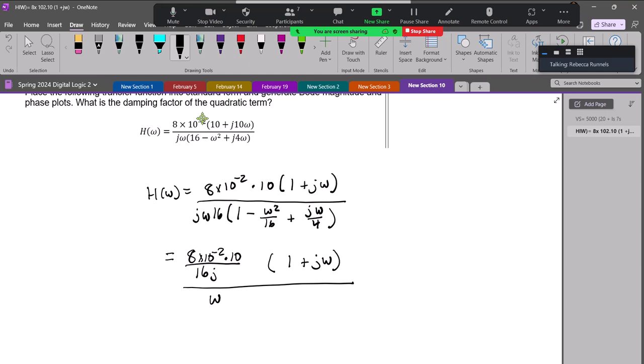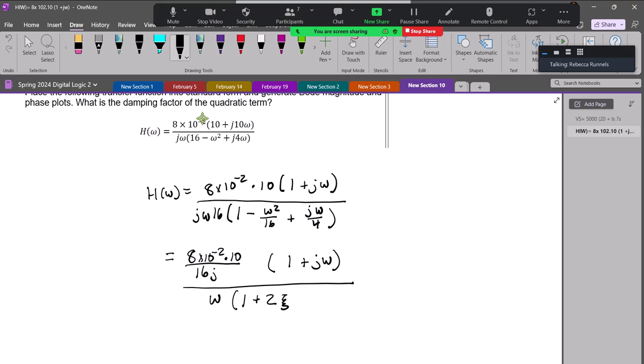And then this quadratic term, I need to have it in the form of 1 plus, so I'm going to write the form and then we'll fill in the blanks. So 1 plus 2, and I think your book uses the Greek letter xi.